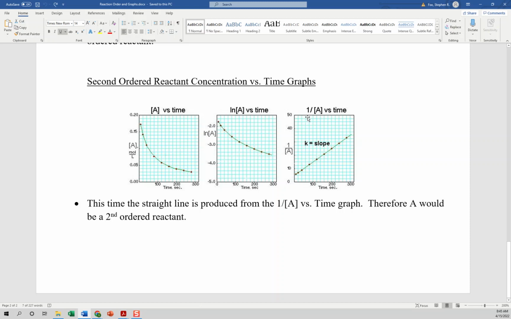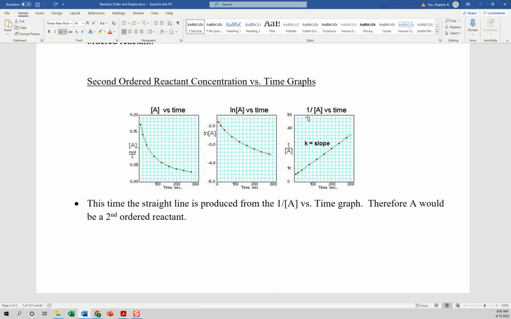I don't want you to think you have to do this: if you're given partial pressure versus time data or absorbance versus time data, don't think to yourself, oh no, I need to know molarities, so I have to turn partial pressures into molarities, or use Beer's law to turn absorbance values into molarities.